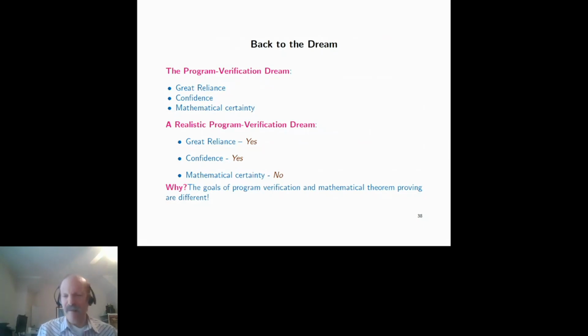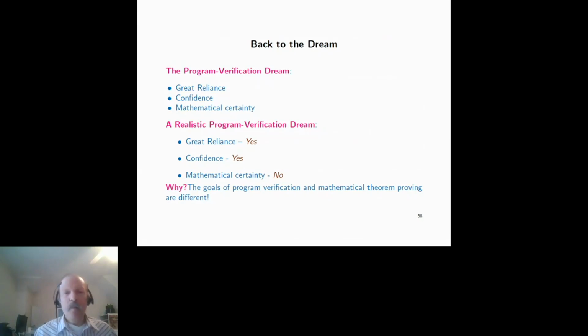Mathematical certainty is a very fuzzy concept. As we saw, mathematical certainty is perhaps a social statement rather than a technical statement. When you prove a theorem in mathematics, your goal is to convince the mathematical community. The goal of program verification is to convince your customers, the users. They are very, very different goals.